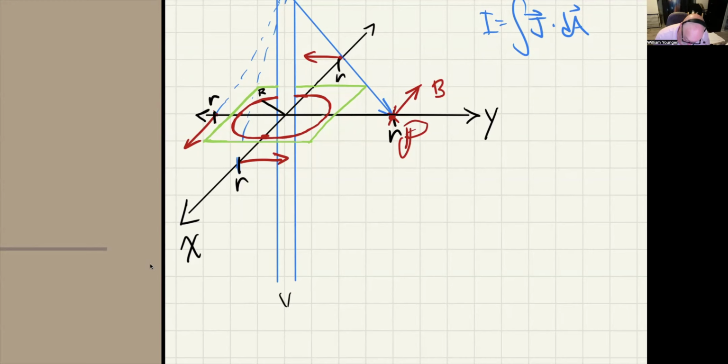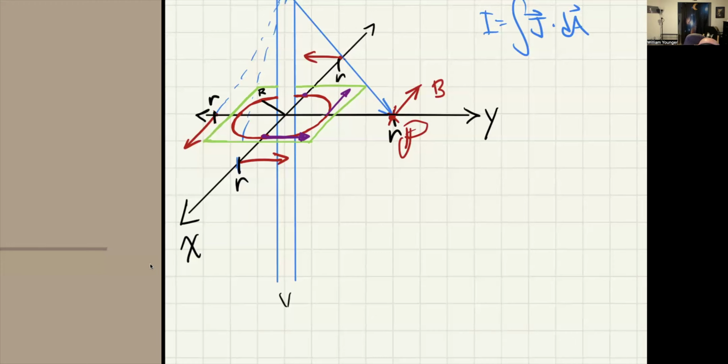This time I'm going to draw it in a color purple just so it'll stand out a little bit better. So switching again to purple, what we see is the direction of the magnetic field at this front point, which is between us and the wire, is to the right. And then to the right of the wire, the magnetic field would be into the board or into the screen or into the page.